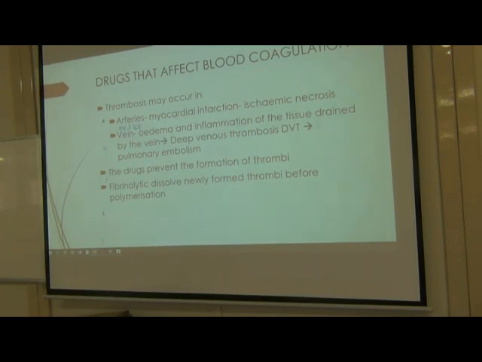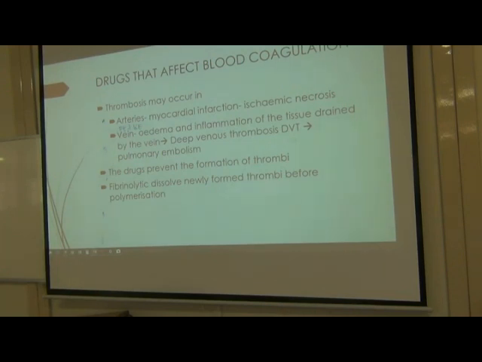When it happens in a vein, it usually causes edema and inflammation, like your deep vein thrombosis. So when we say a thrombosis, it means that a clot is formed that is inhibiting or hindering blood flow in that part of the body. Or an emboli, a clot that has traveled from one part of the body to another to become a nuisance.